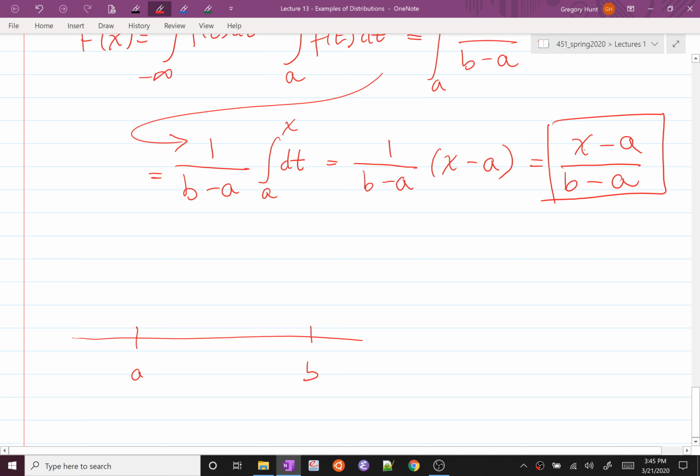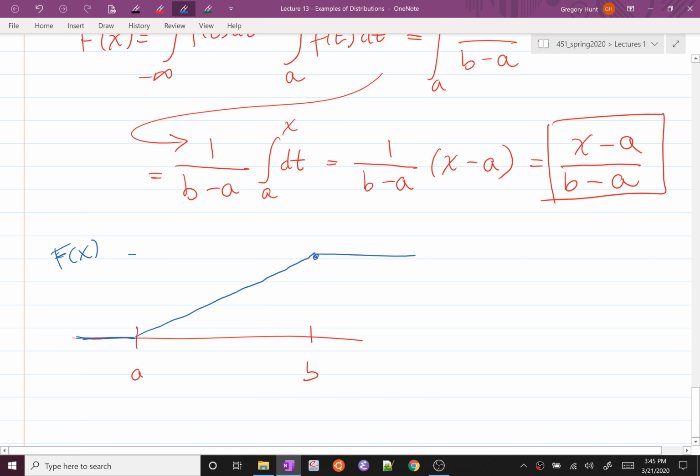It's linear in x, just a linear function, mx plus b, the kind of linear function we're used to. This is my CDF, F of x. If I'm below a, my probability, my integral of the density less than that, is 0. And then I linearly increase from 0 up to 1, and then I flatline there.